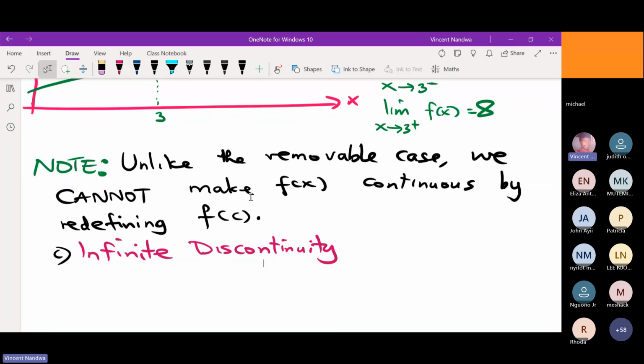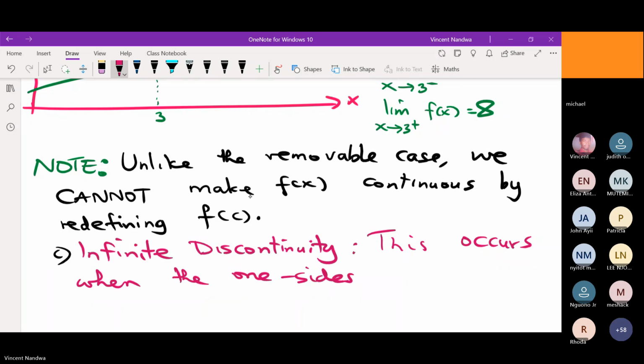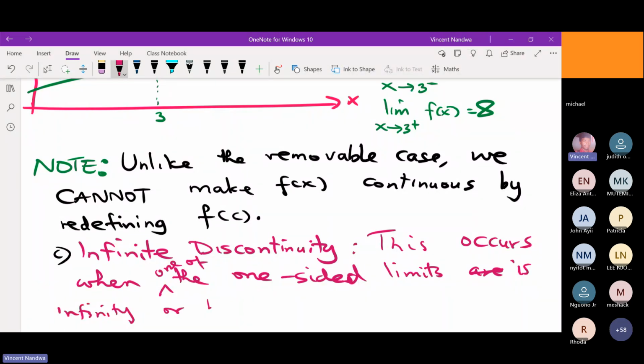So this occurs when one of the one-sided limits is infinity, or even both of them.